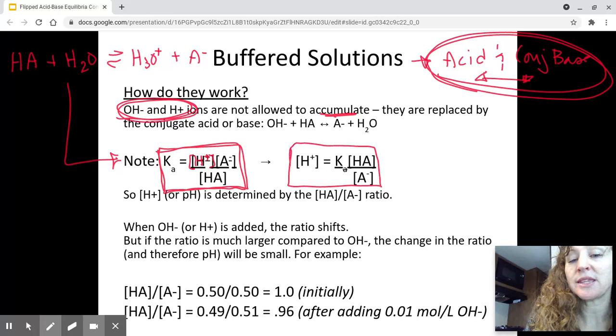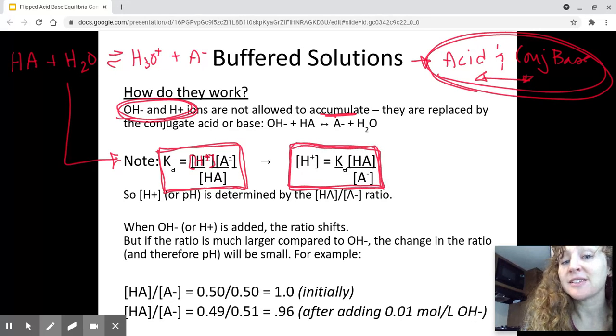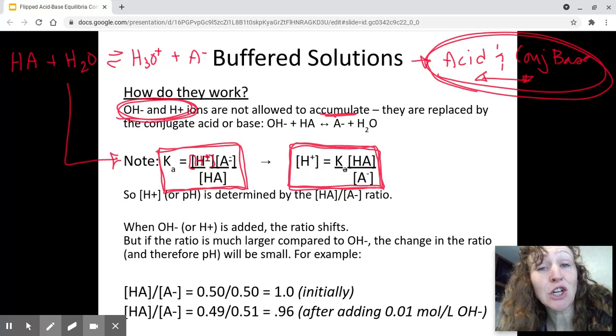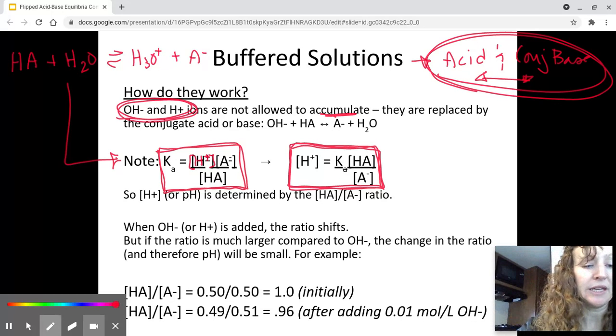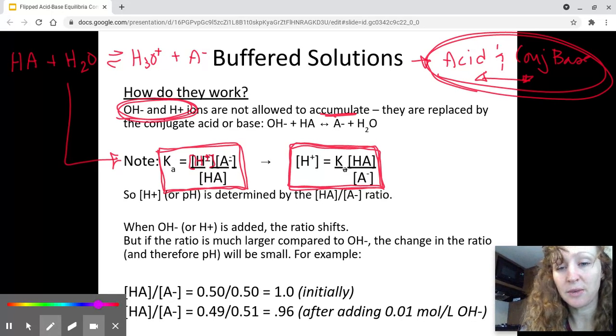Notice that this equation explains some things that determine the H+ concentration. What is the H+ concentration of any given solution dependent on? Look at this. One of the things it's dependent on is HA.